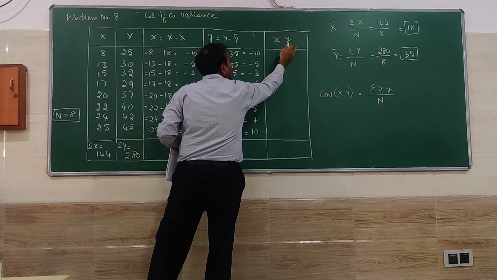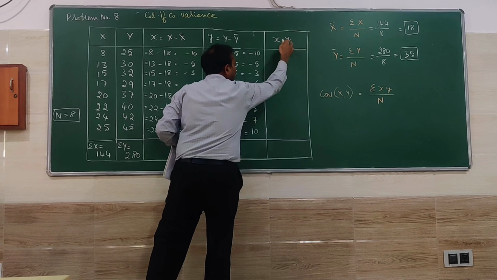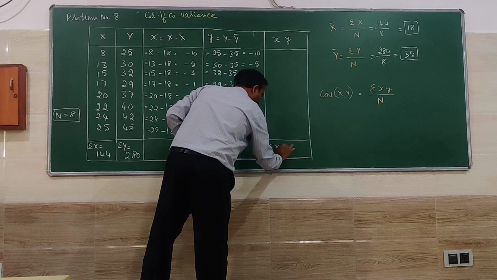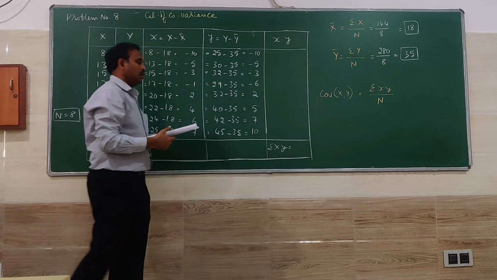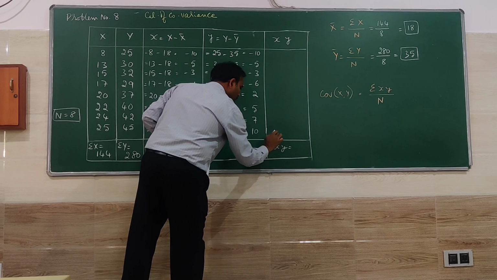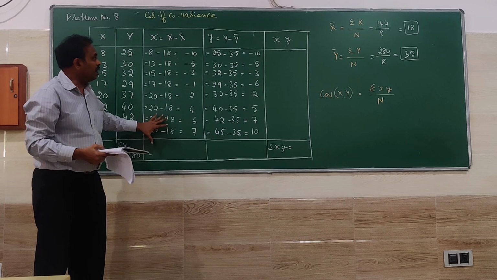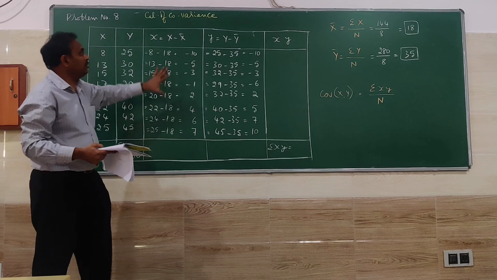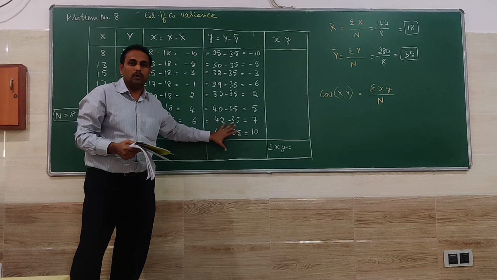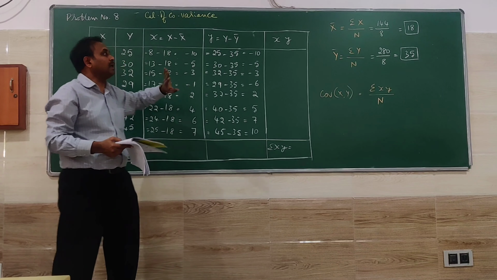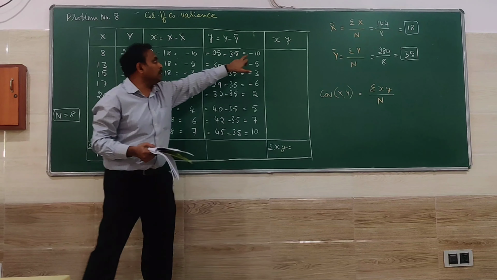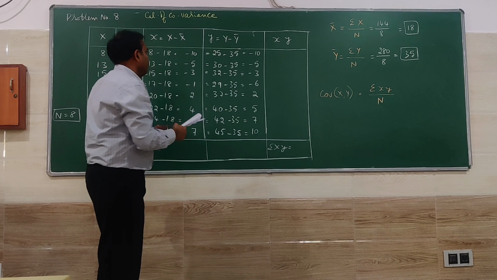The deviation of x and the deviation of y, we are going to multiply and find the total for that. So that is what we have to find. No need of totaling the x deviation and the y deviation. We have to go for only the multiplication of small x into small y, that is the deviations.